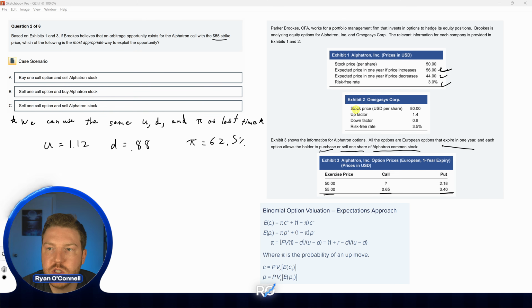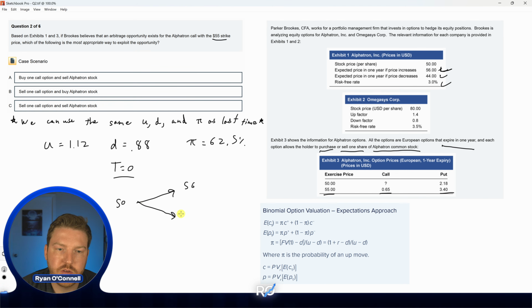We do need to come up with what the payoffs are if this happened, right? So we have to draw out that tree. It starts at t equals 0, today, and that's going to be the $50, and then it could go up to 56, or it could go down to 44. That's in 1 year from today, or one period. Now, what's the payoff? Last time we did a strike price of 50, but now the strike price is 55.